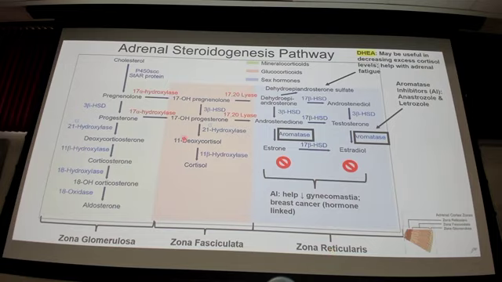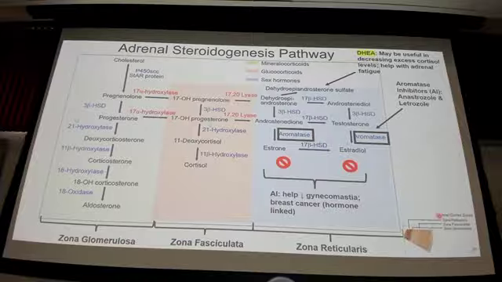So, other key important elements in this pathway are, we talked about DHEA, which basically is used to help treat excessive cortisol levels, adrenal fatigue. It kind of balances out the negative effects that we see from cortisol. And then we talked about aromatase converting androgens into estrogens.